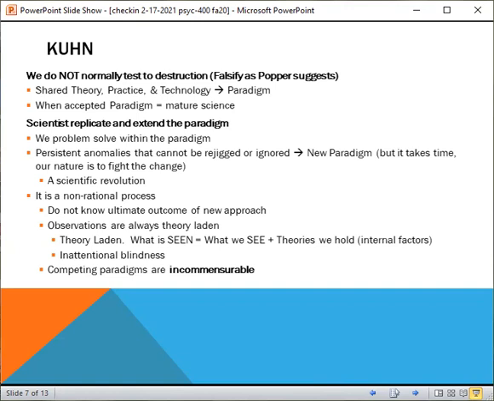So basically, physiologically, what you're seeing with your eyeballs, your retinas, your rods and cones, your optic nerve, your thalamus, all the way to your occipital lobe where it gets processed, plus the theories you hold, your biases, your motivation, your education.